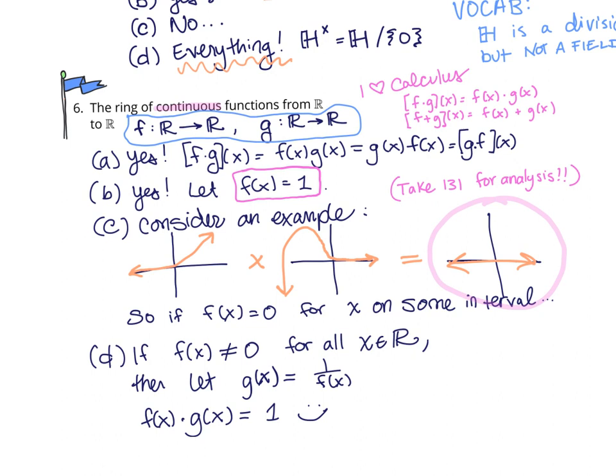If you've got a function that is 0 on some interval, then its matching 0 divisor is any and every function that is 0 on the complement of that interval or that series of intervals.